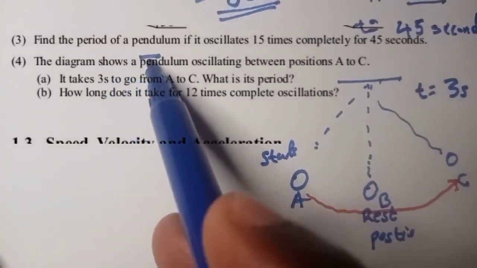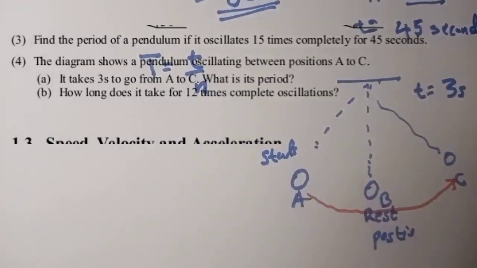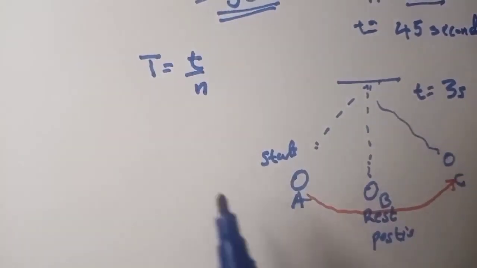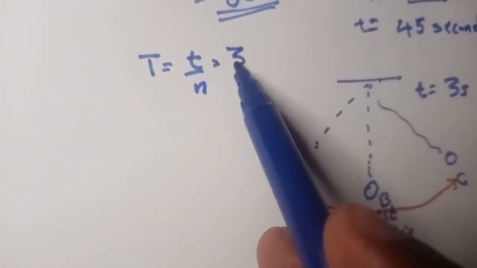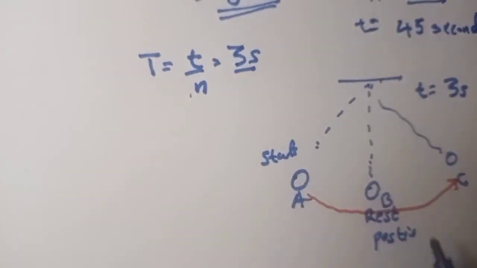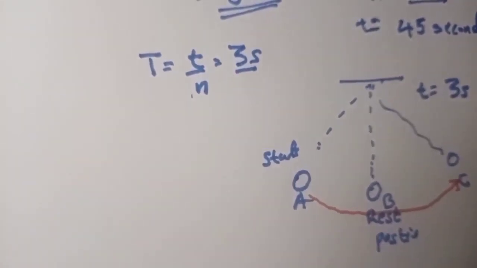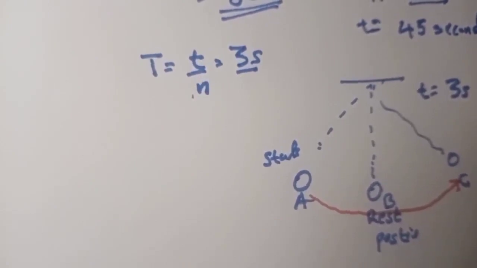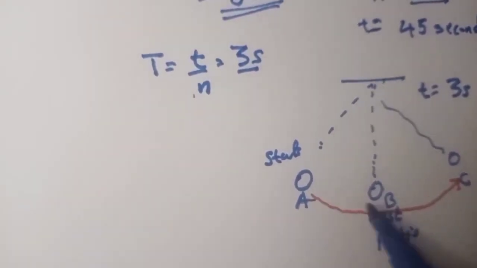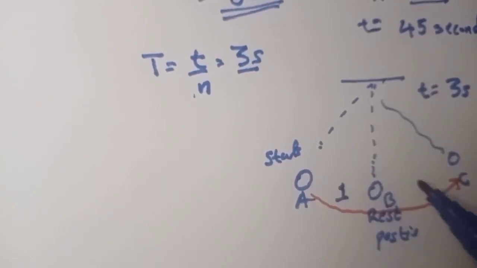Again, we write period is equal to time over number of oscillations. The time we've been given is 3 seconds. When you've been given a diagram like this, it is easy to count the number of swings. One swing is from A to B, then B to C is number 2.